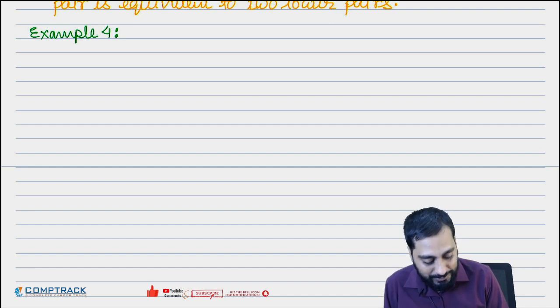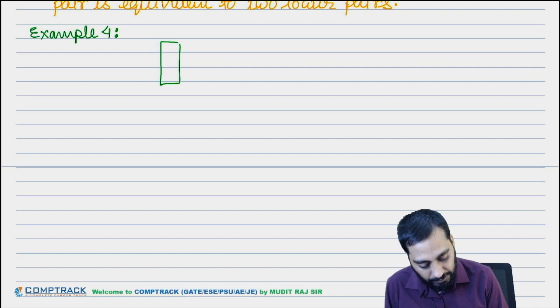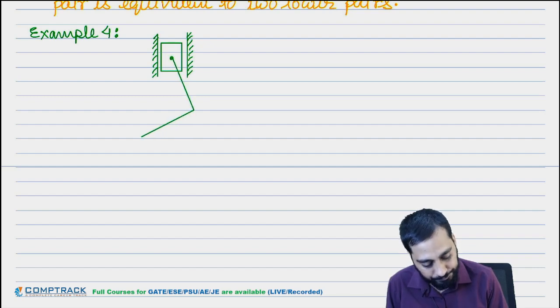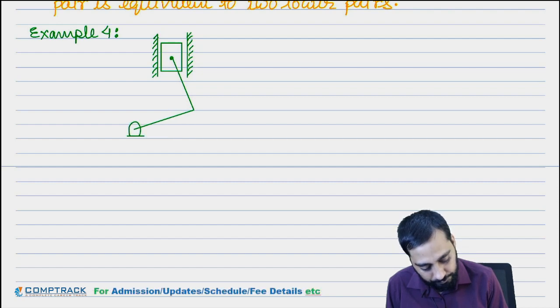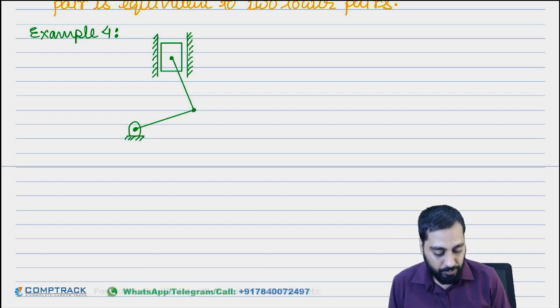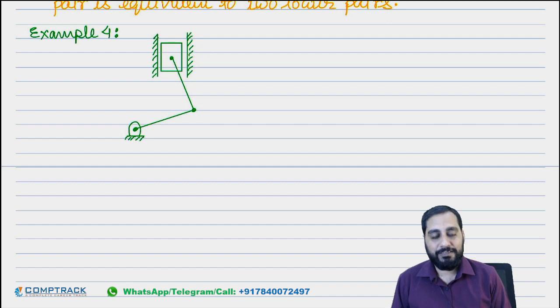Let's say this is a slider. Okay, this is a slider. And these are two binary links connected like this.